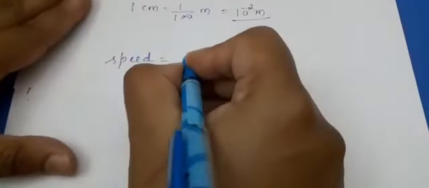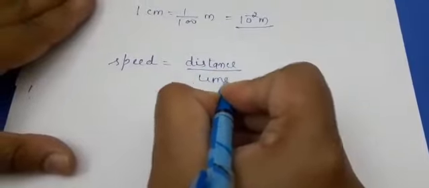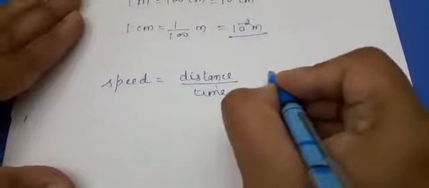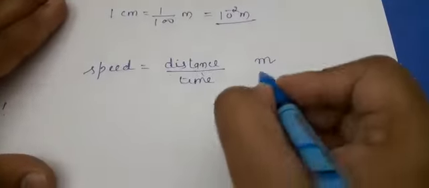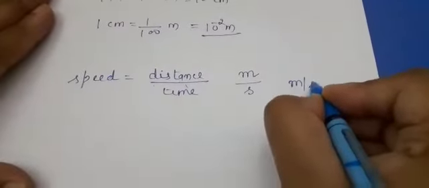Let me understand it by taking an example. Suppose speed. Speed is a physical quantity having formula distance per unit time. Now, the unit for distance is meter and for time is second. So its unit will be meter per second.